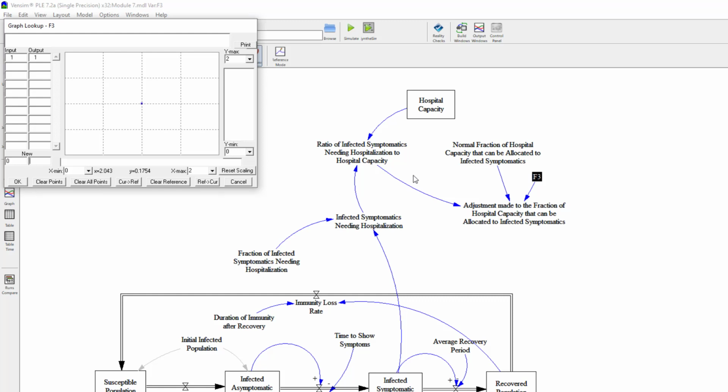Okay, so if this ratio is less than the normal fraction, okay, then what happens is there is no pressure in terms of hospital capacity. We have enough hospital capacity to accommodate everyone. So whatever this ratio is will be the actual fraction of hospital capacity allocated to COVID-19 patients.